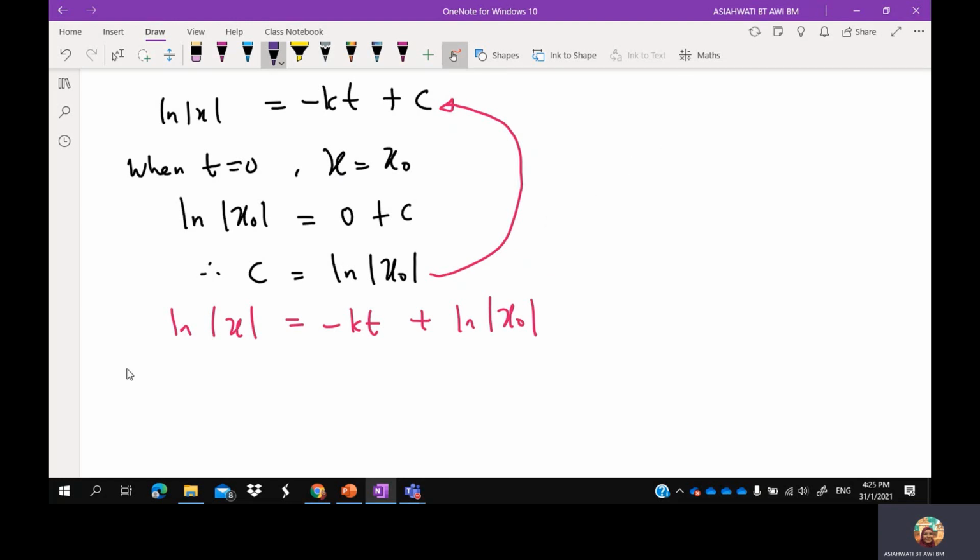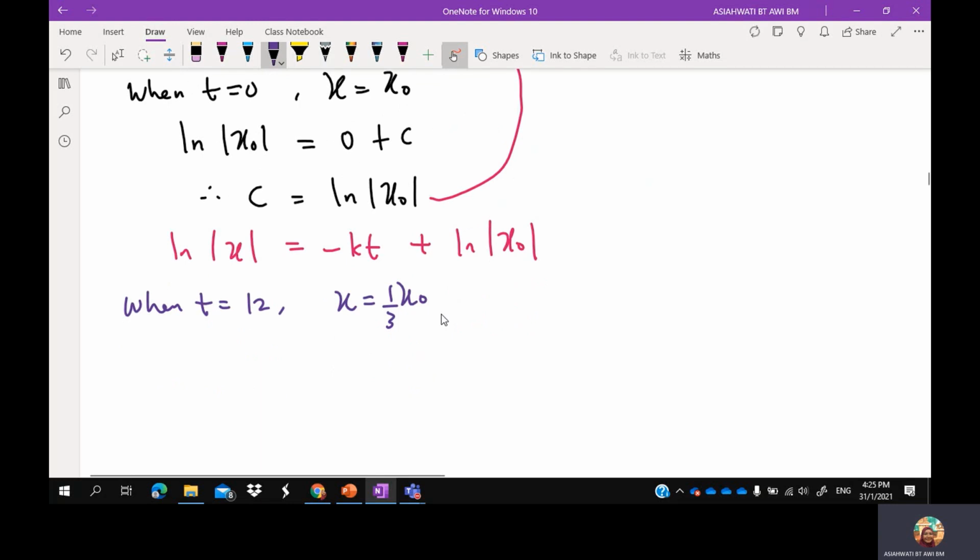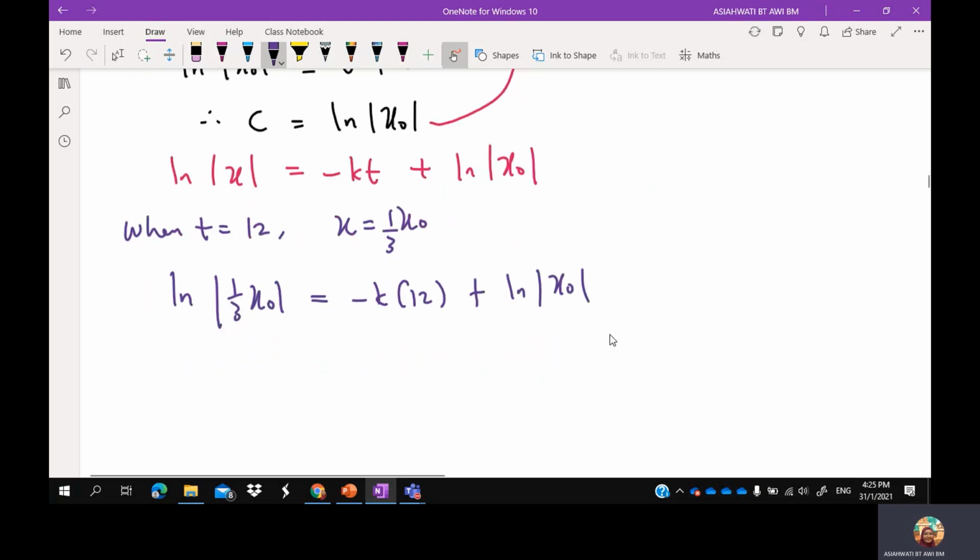The second step, the second info: when t is equal to 12, x is equal to 1 over 3 x naught. We're going to find k. Substitute: ln of 1 over 3 x naught is equal to negative k times 12, plus ln x naught. Simplify.